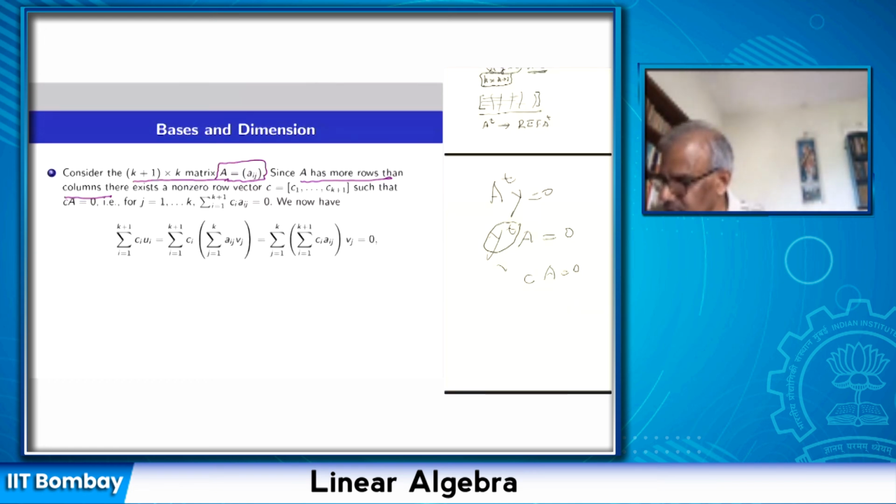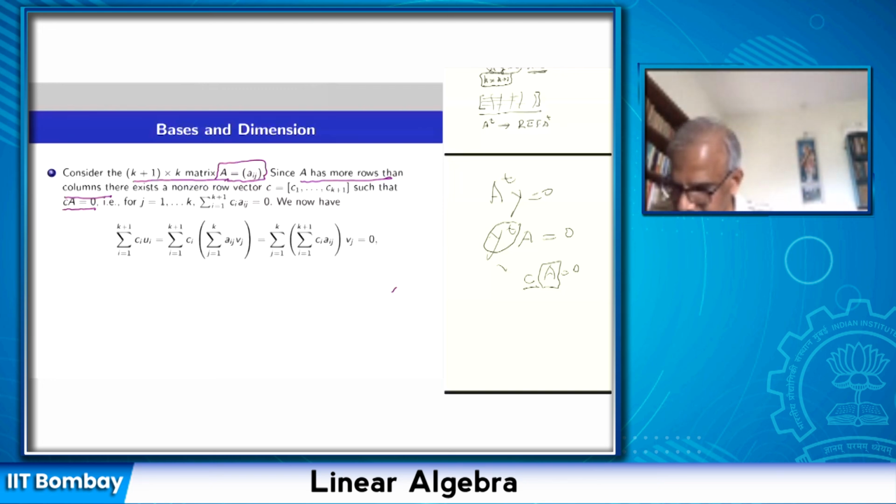So if A is a tall matrix, which means there are more rows than columns, then there is a row vector c so that cA is 0. That's what I'm saying here: this k plus 1 by k matrix came from the coefficients when I write these k plus 1 vectors as linear combinations of k vectors. So this discussion says that there is a row vector c so that cA equal to 0.